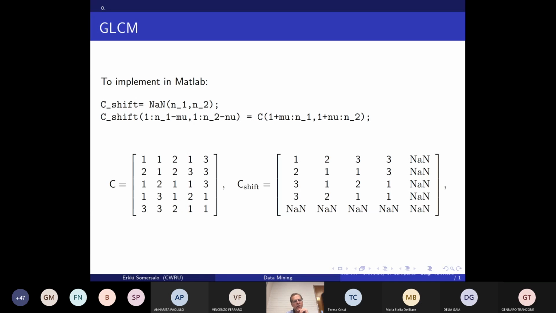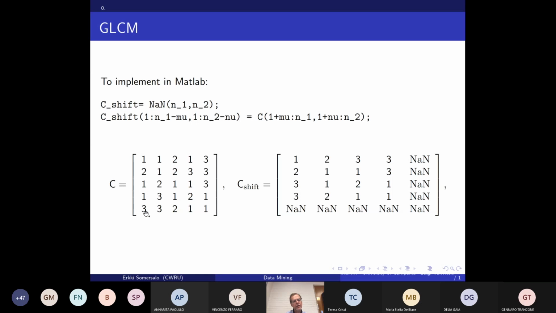So here is an implementation in MATLAB. It looks like something complicated, but here is one way of doing it. Here is your C, the original C, and I'm using the same C that I had before, with 1, 2, and 3.